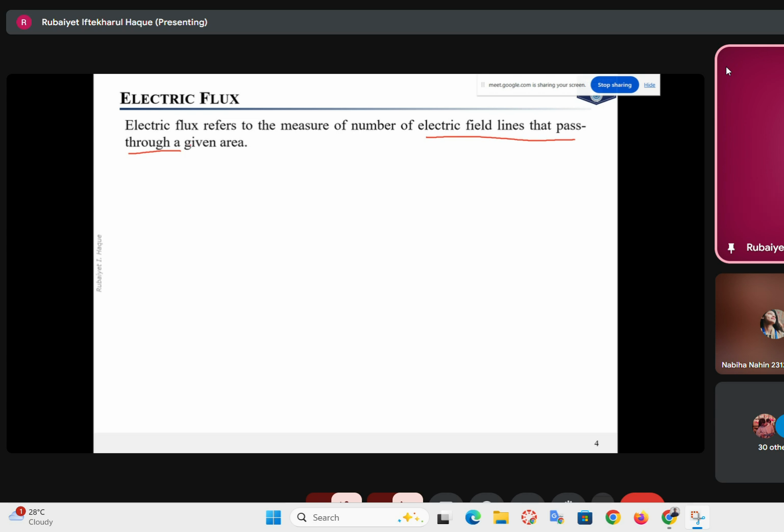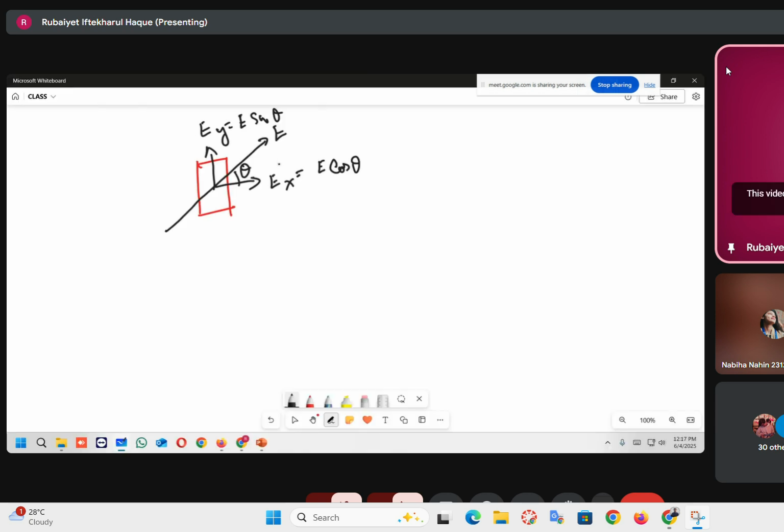Only the X component of the electric field is passing through in this case. The Y component is not passing through. It is just piercing, going along the surface. So in the calculation, the Y component will not be considered. Only the cosine, horizontal component that penetrates completely through the surface will be considered in the flux calculation.